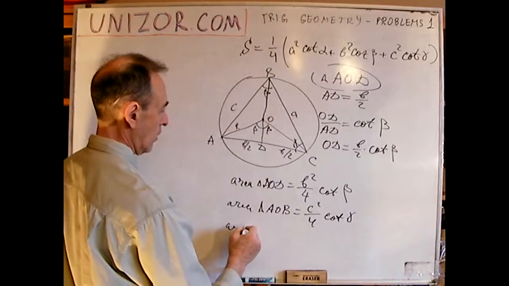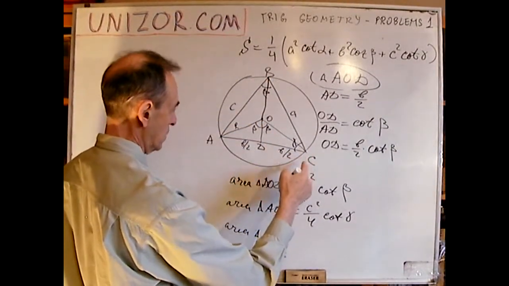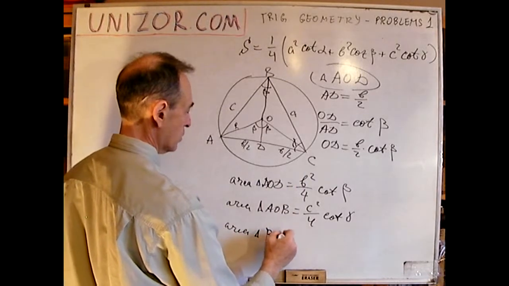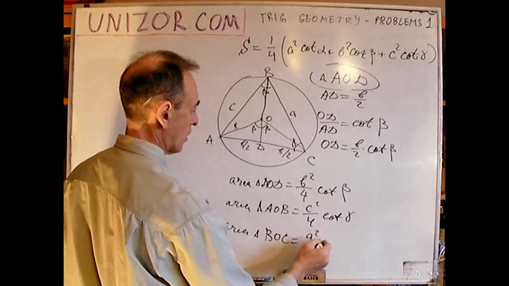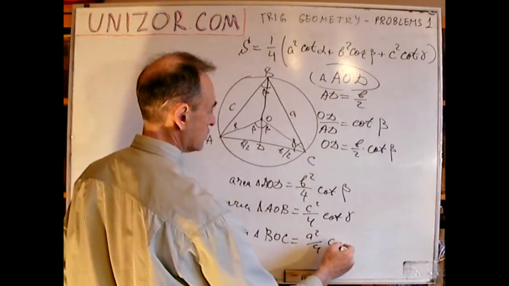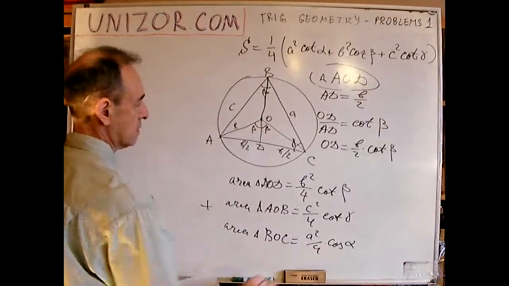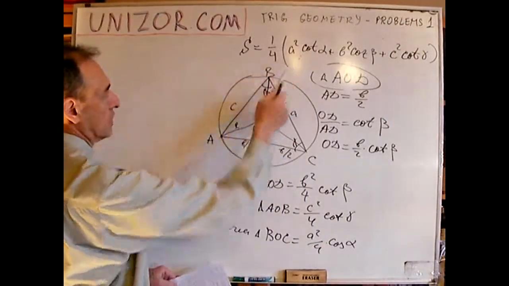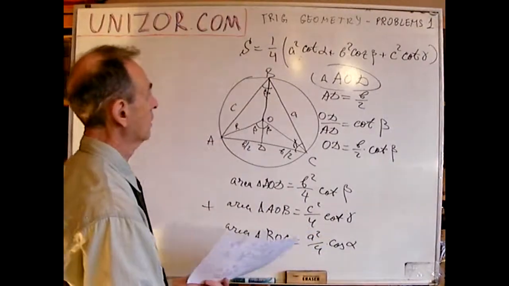And area of BOC is equal to A squared over 4 cotangent alpha. And obviously if you add all these together, you will get this formula. All right?